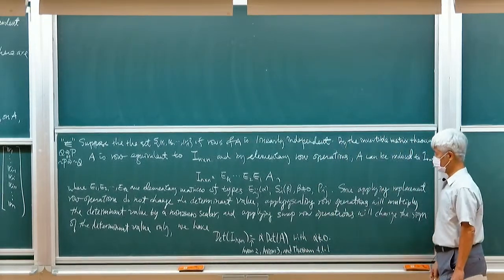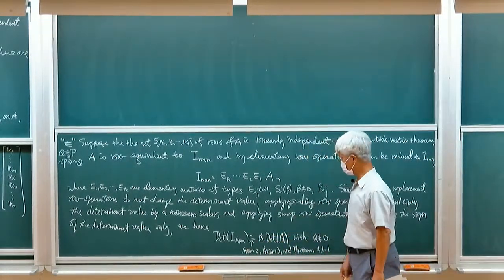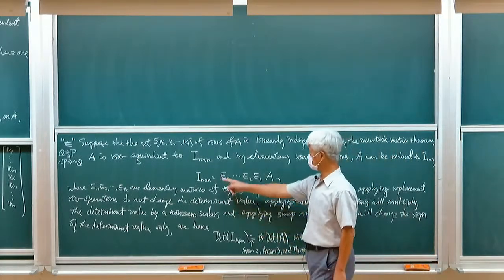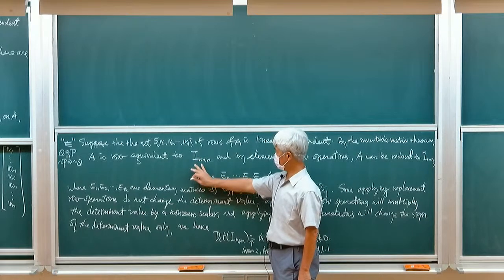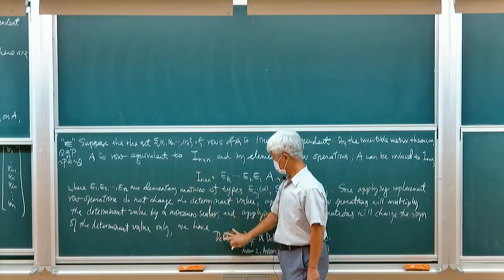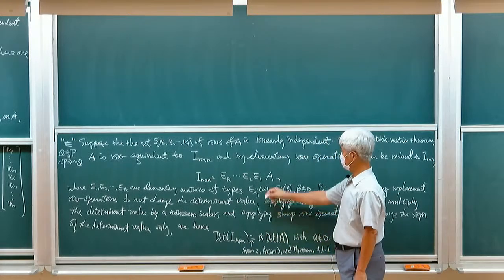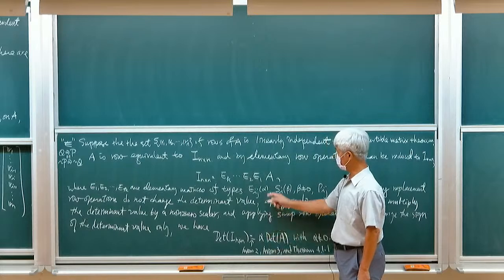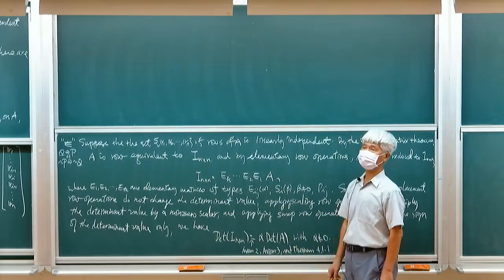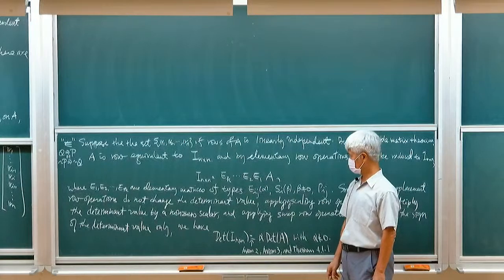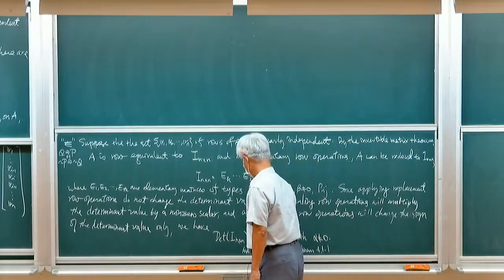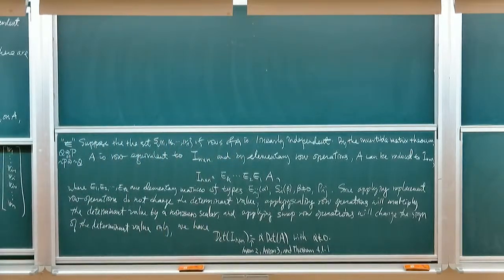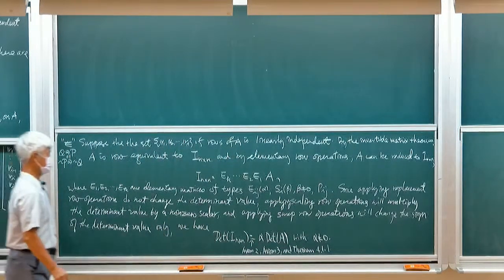So by applying these axioms and the theorem 4.1.1, the determinant of this matrix is equal to a non-zero constant alpha times the determinant of A. Okay. But as we know, the determinant of the identity is equal to 1 by axiom 1.